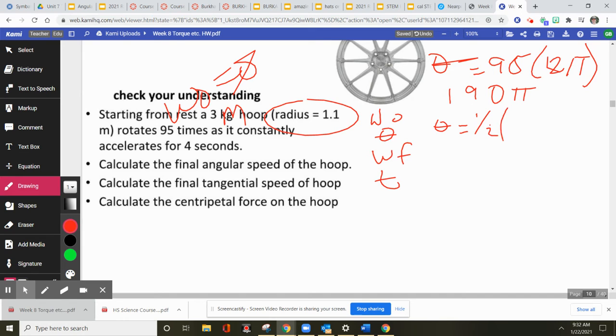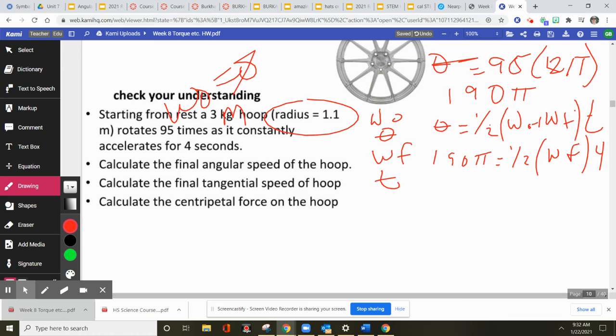We're just changing the shape of the symbol because it's angular, but it's the same thing as before. So 190 pi equals 1/2 times omega f times 4. So you've got to solve for omega f. And I guess we need to do that.